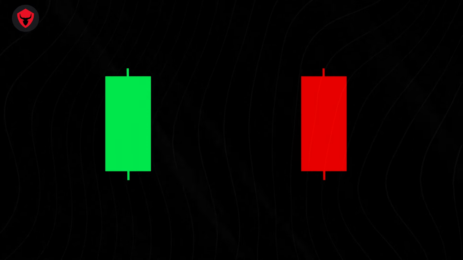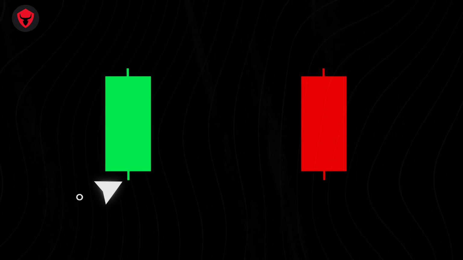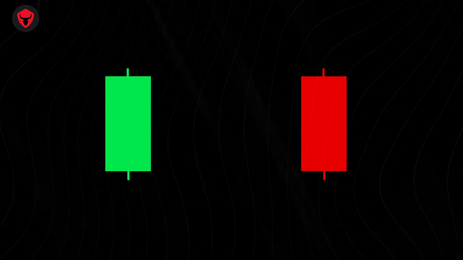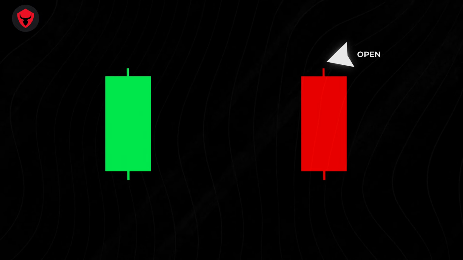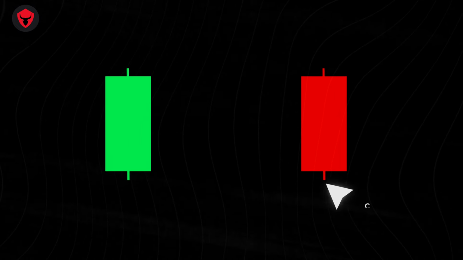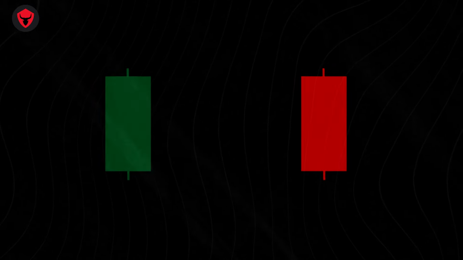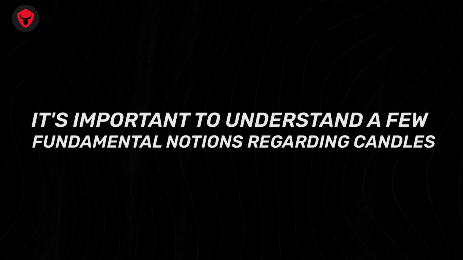For green candles, the lower end of the body symbolizes the opening price, and the upper end represents the closing price. In contrast, red candles have the top end of the body as the beginning price and the lower end as the closing price. Before we go into candlestick patterns, it's important to understand a few fundamental notions regarding candles.